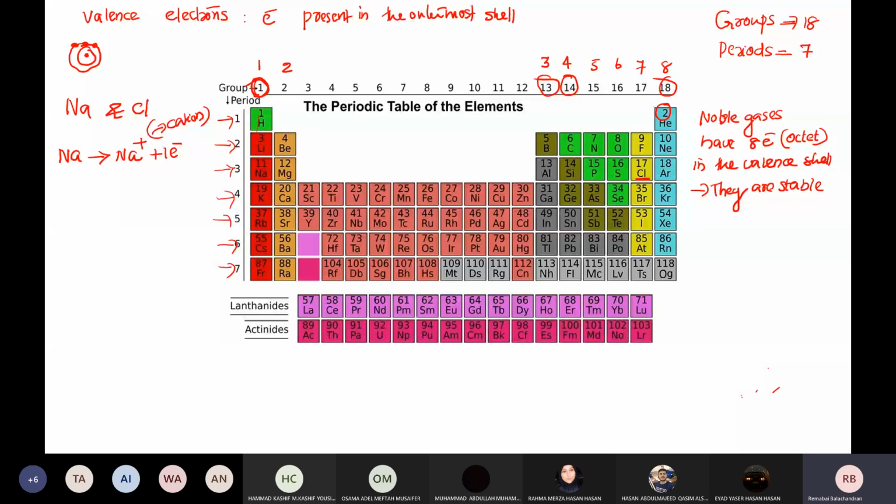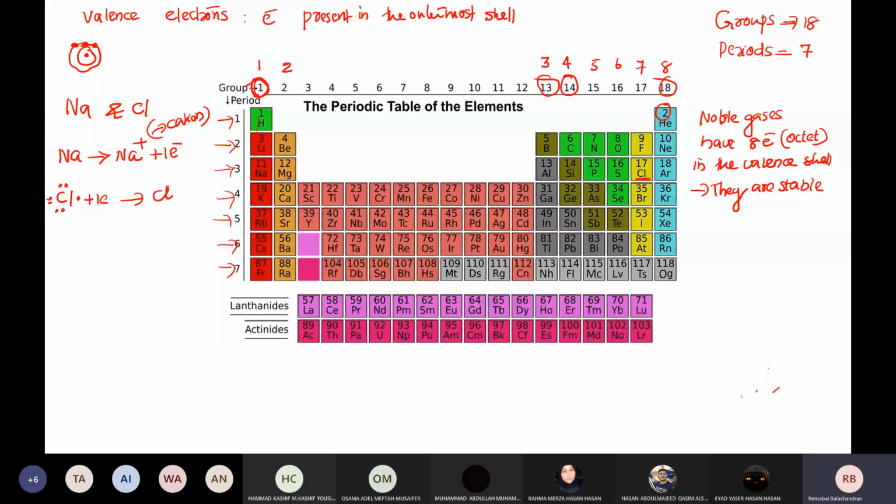Now, Cl has 7 electrons in the valence shell. It needs 1 more electron to become 8, right? So what will it do? It gains 1 electron from Na. It takes 1 electron from Na.